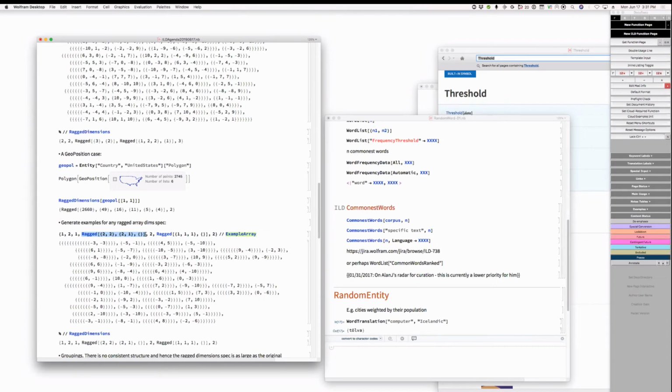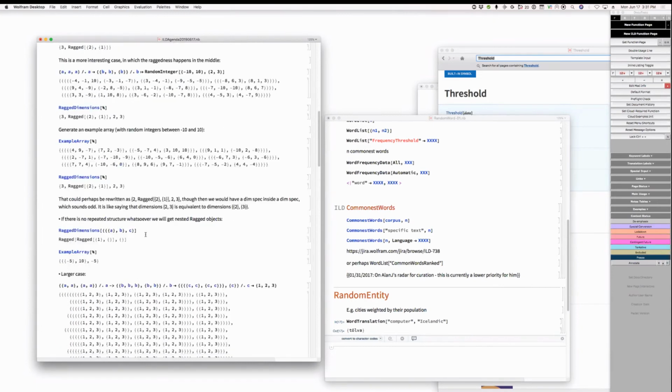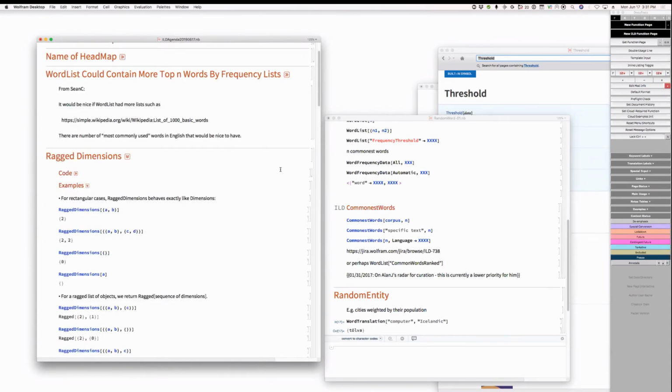I'm confused by this. I'm sorry. What is ragged here? Is ragged a symbolic object? Yes. So this is just a temporary suggestion for how to represent this. But yes, you went to the most complicated example. So this simple example here: these are all dense, all full rectangular things.